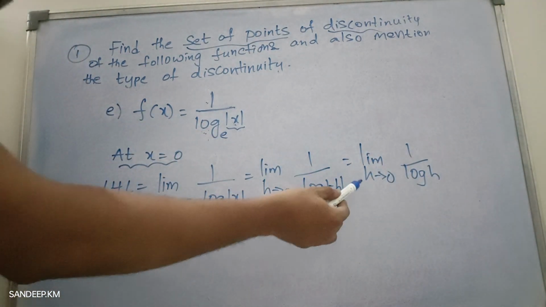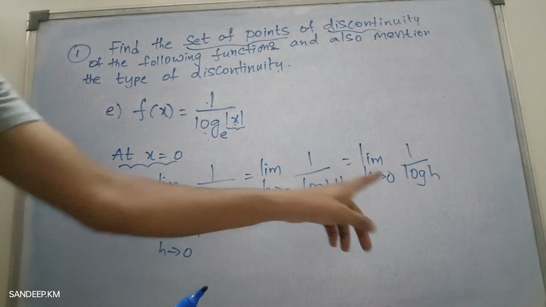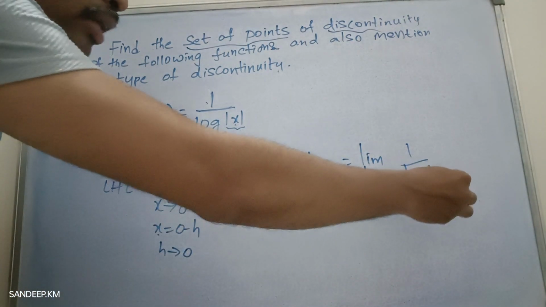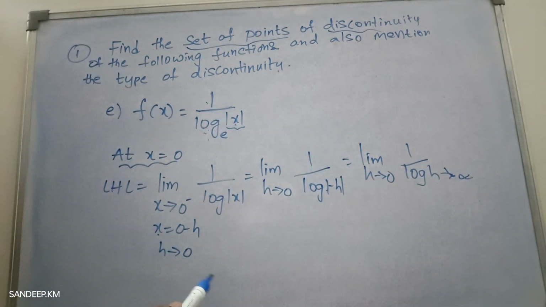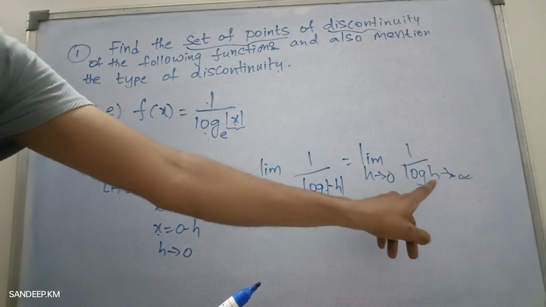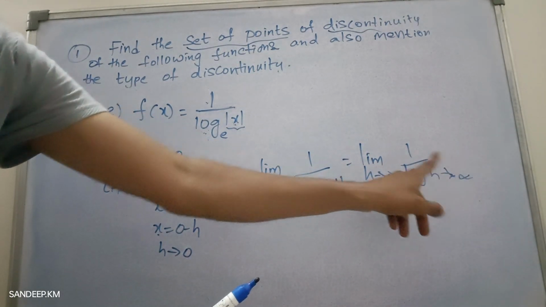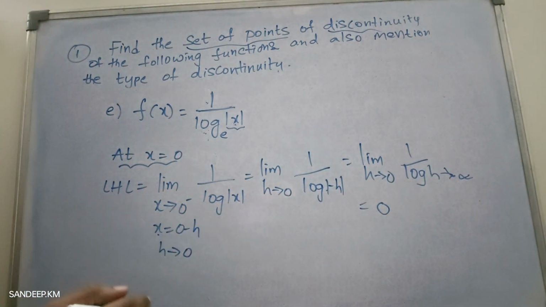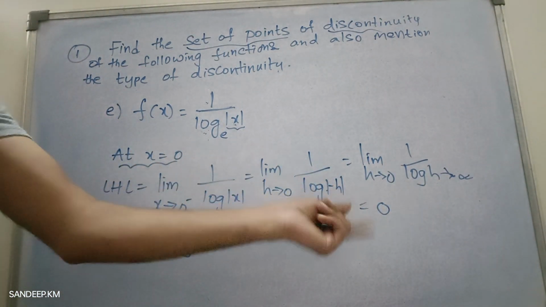And remember, h is positive. Now, when h is approaching 0, log h is taking what value? Infinity. The denominator is approaching infinity, so it is 1 by infinity, and 1 by infinity is 0. So the left hand limit is 0.